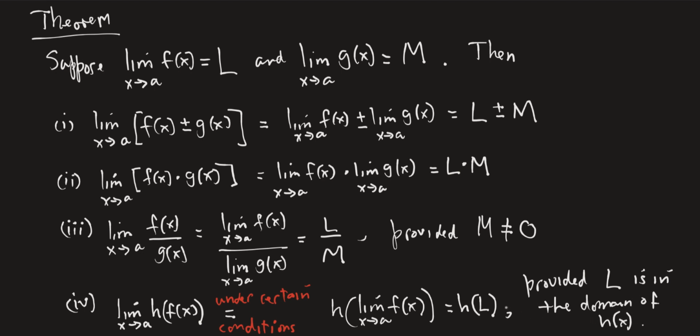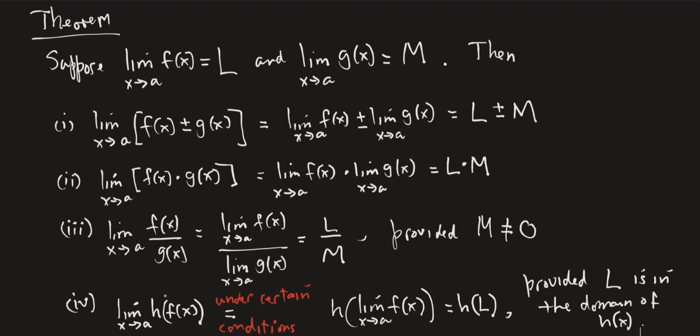So there are a couple things that we have to make sure of, and again, we will clarify these conditions, and actually that will be done pretty soon in a subsequent video. But under certain conditions, basically what this property is saying is, if you can perform the operations that are defined by h of x with the limit of f, then that will be the limit of the composite. And yep, so those are the four algebraic properties.